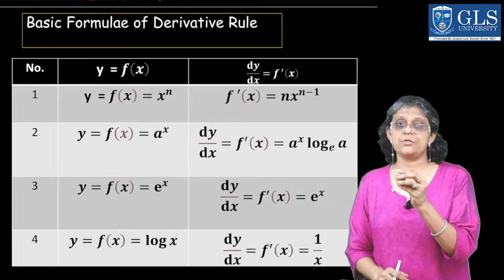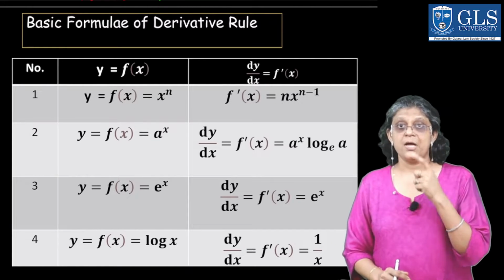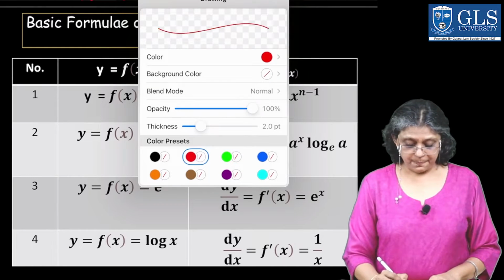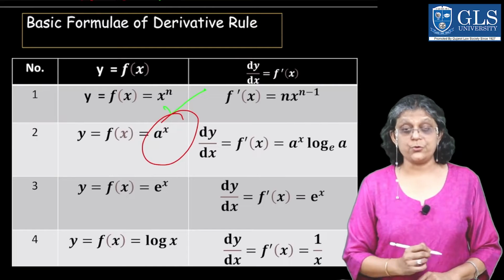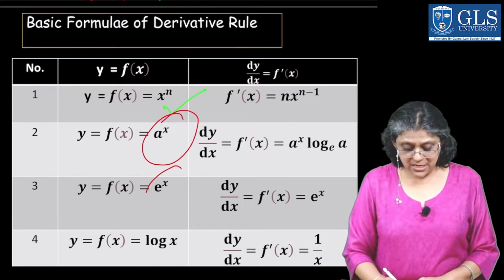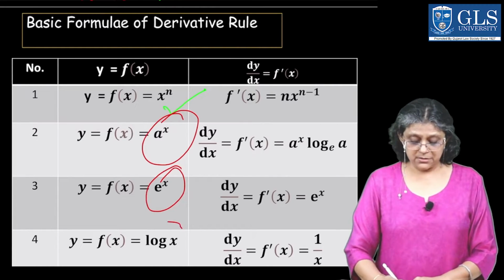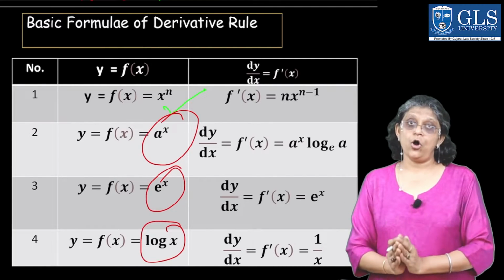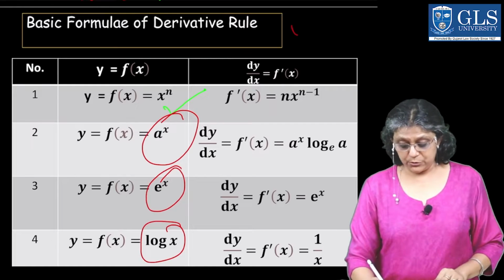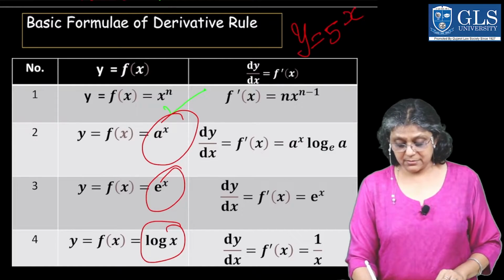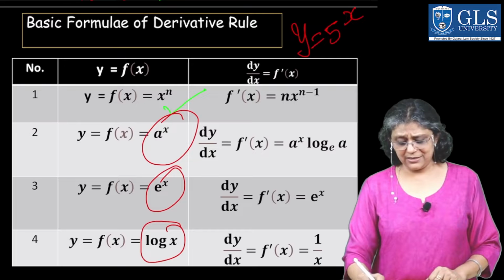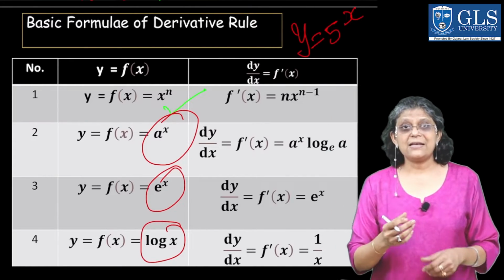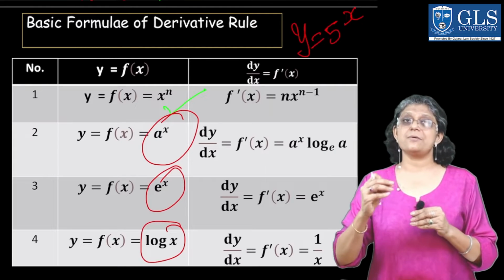So I think now we have a few more formulas. Till now we were focused on x raised to n. Now let us see, this is x raised to n, this is a raised to x, this is e raised to x, and this is log x. अगर मेरा कोई function is in the form of y is equal to 5x, तो फटाफट बच्चे क्या करते हैं, देखते हैं it is x raised to 5 only, but see that the 5 is the base and x is the power.